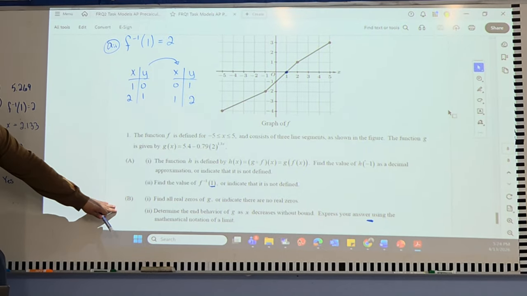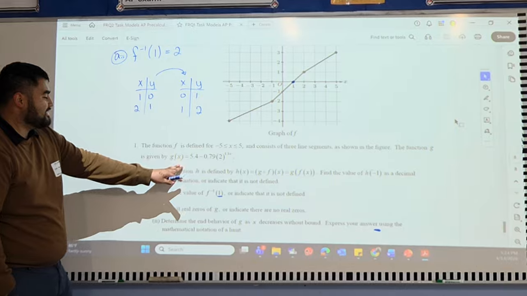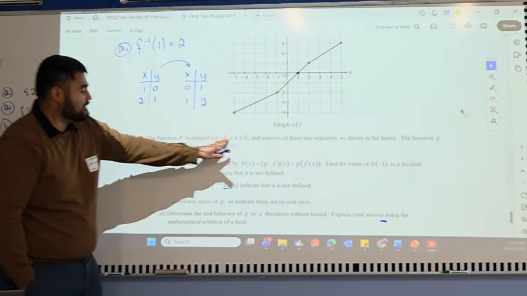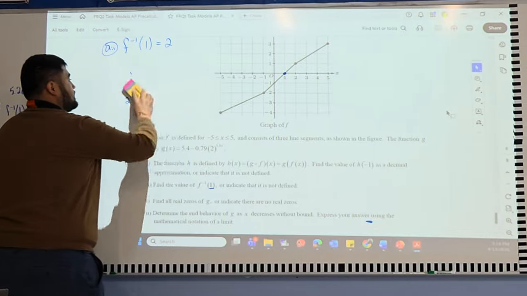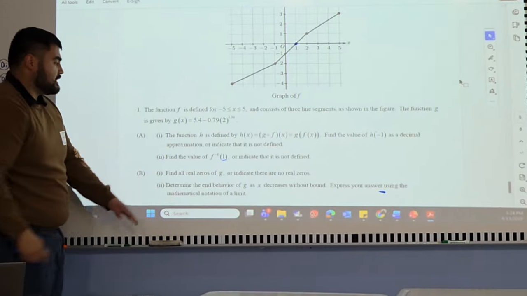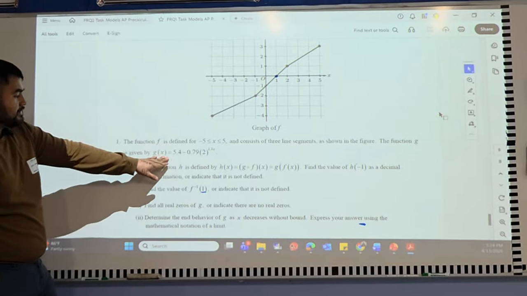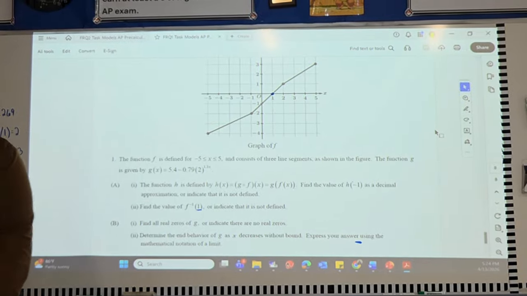For part B, it's telling you find all the real zeros of g, right? So you have to use the equation given by g of x here, the one that we graphed earlier.